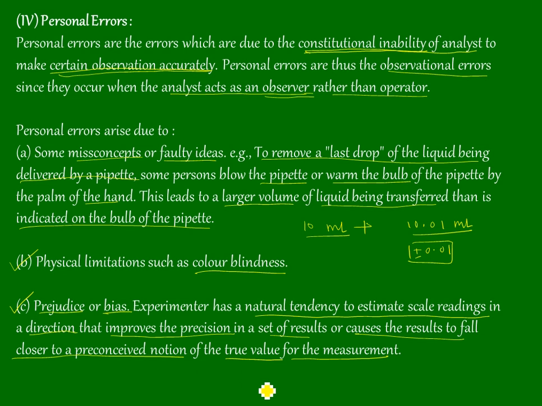Sometimes the analyst knows the true value, or maybe it is not the true value, but he considers it the true value, so he tries to get results which fall closer to that value. So this is also very bad, because it can lead to errors. Okay, so these were some errors.